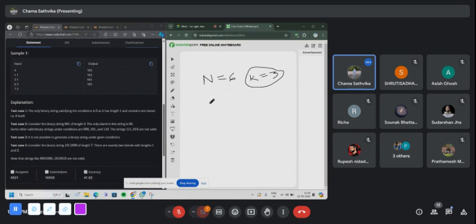So simply, 0, 1, 0, 0, 1, 0 0 0, three zeros. Here this 0 is surrounded by 1 and then the boundary of the string.